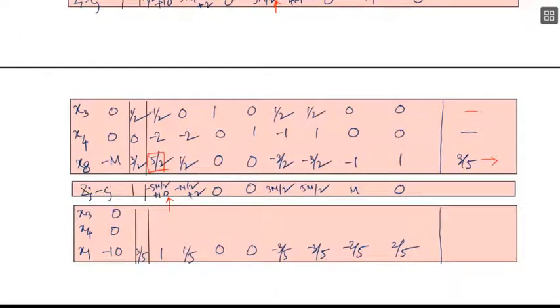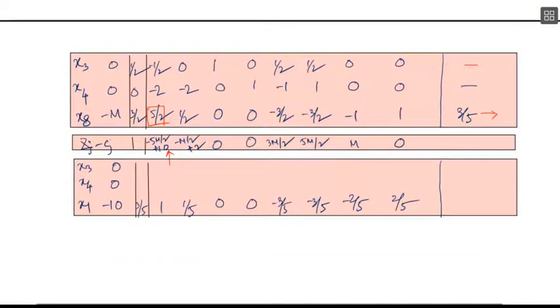Now to make the element above the key element 0, we do the row operations suitably to get 0 plus 2 into 3 by 5, so it will be 6 by 5.